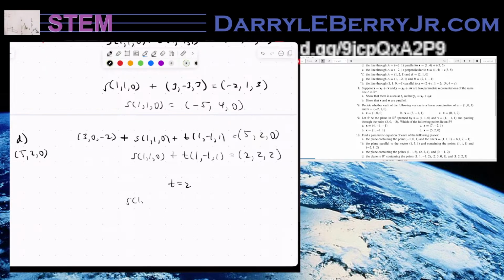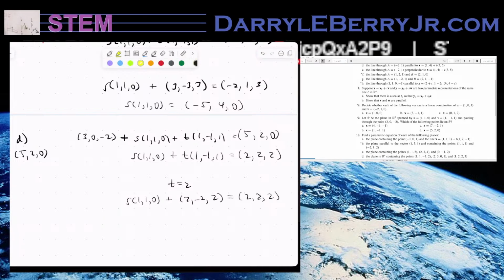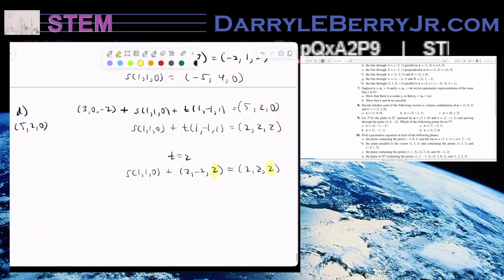So we have S 1 1 0 plus 2, -2, 2, 2, 2, 2. So now this 2 is taken care of. So now we just have to solve for S, and S equals, so bringing the 2 to the other side, that's 0 and 4.